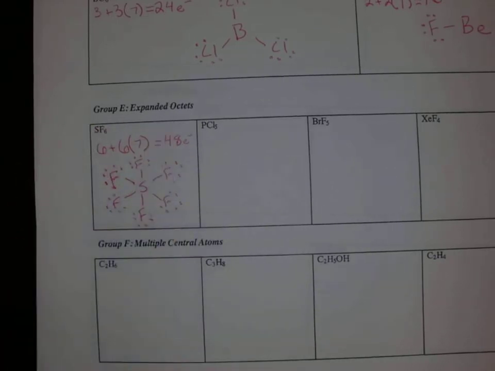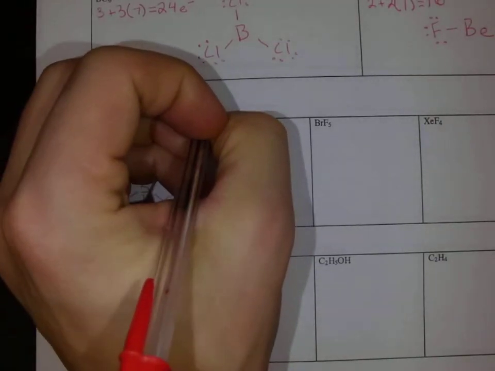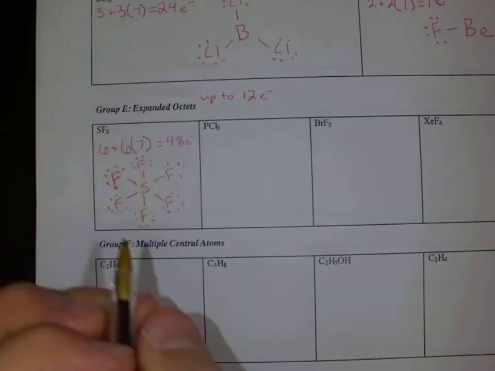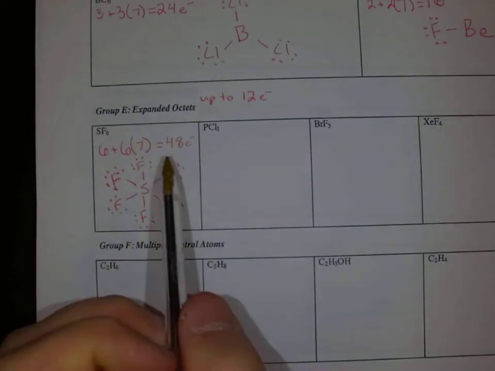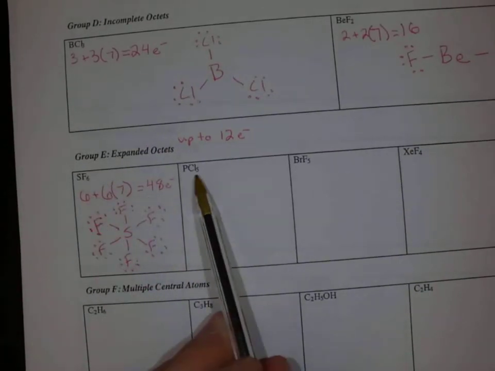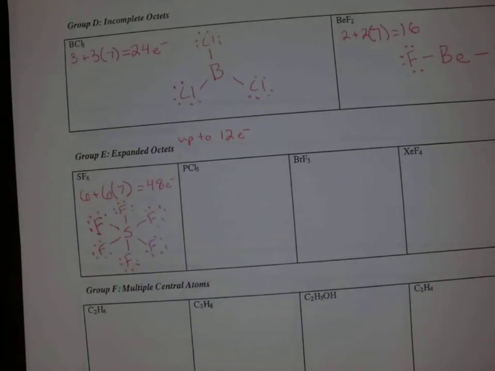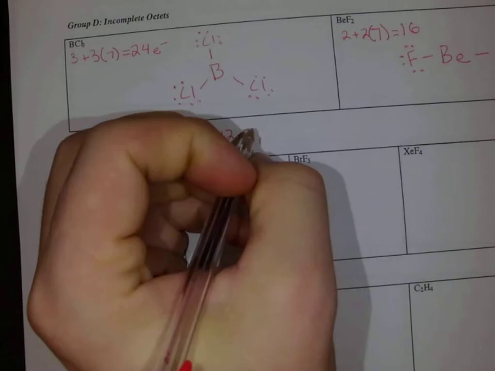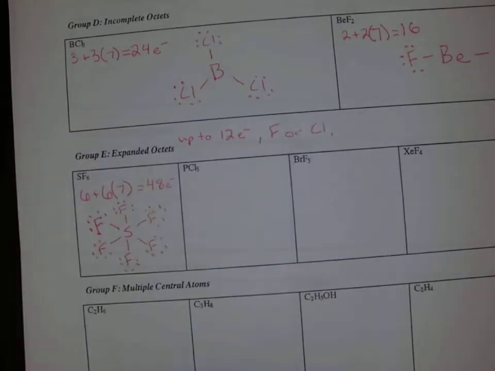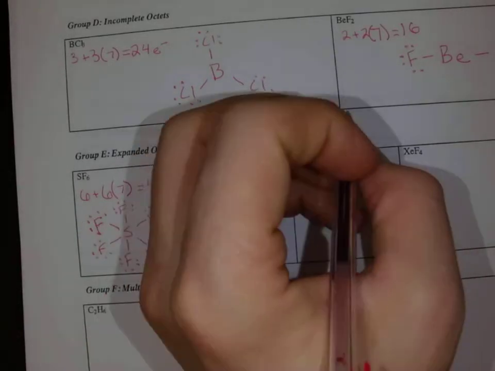So for our expanded octets, we can have up to 12 electrons around them. And when can we do expanded octets? We have to have fluorine or chlorine bonded on there. Fluorine or chlorine has to be the one forcing us to form these expanded octets.